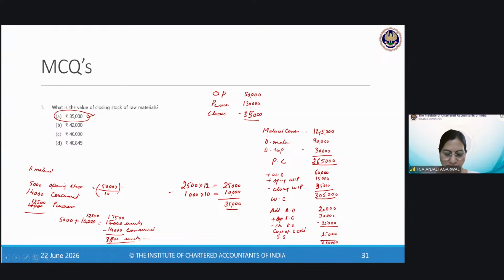So 2,65,000 plus 60,000 plus 15 minus 35. So 3,05,000 is the works cost. Then you add 20,000 administrative overheads. This becomes your cost of production, 3,25,000.